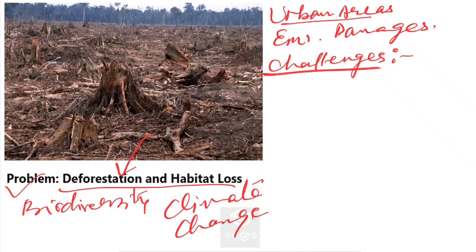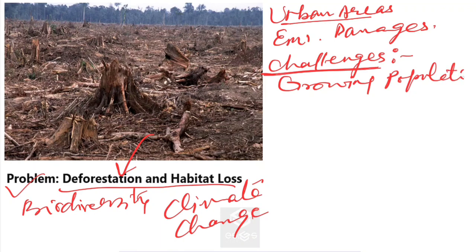The challenge lies in balancing economic development with environmental protection. In many regions, forests are cleared for agriculture expansion and urban development to meet the demands of the growing population.